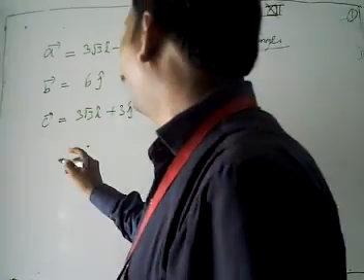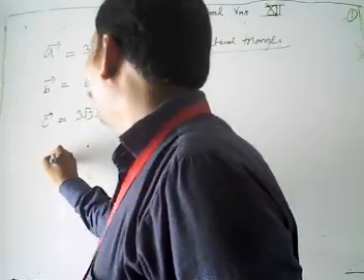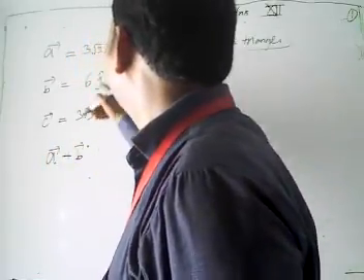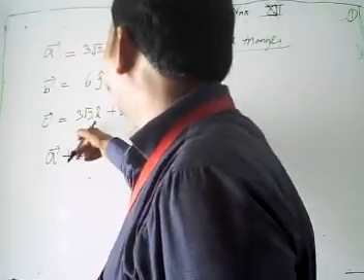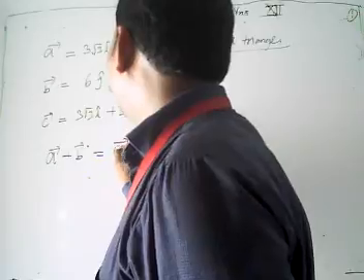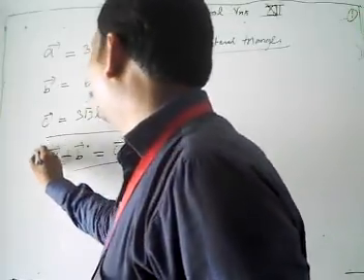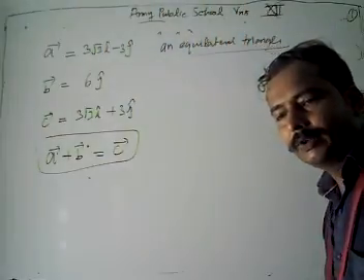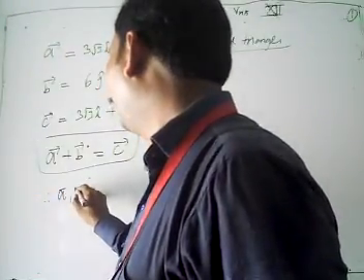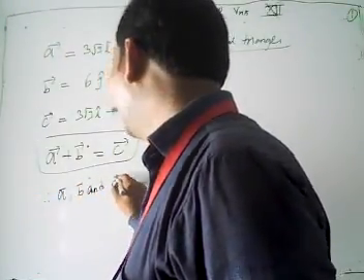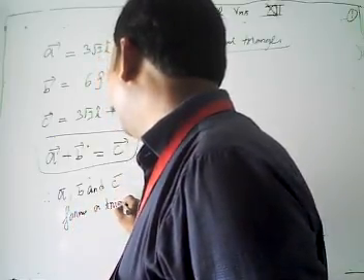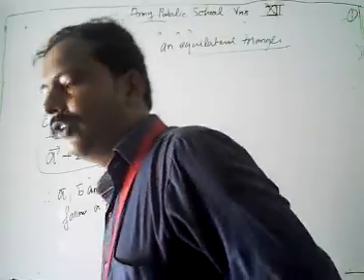When we add vector A plus vector B, it is equal to 3 root 3 i cap plus 3j cap, which is equal to C. Our sum of two vectors is equal to the third vector, therefore A, B and C form a triangle.